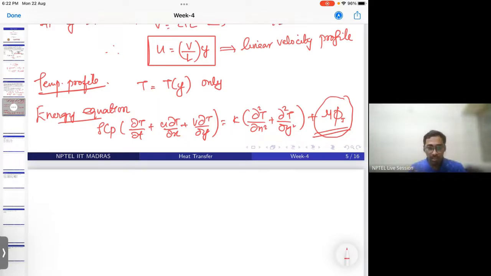In the lectures we discussed where we can neglect the viscous dissipation term and where we need to add it in the energy equation. I think two situations were mentioned where we need to consider viscous dissipation. Can you just remember what the situations are where we need to consider these viscous dissipation terms?